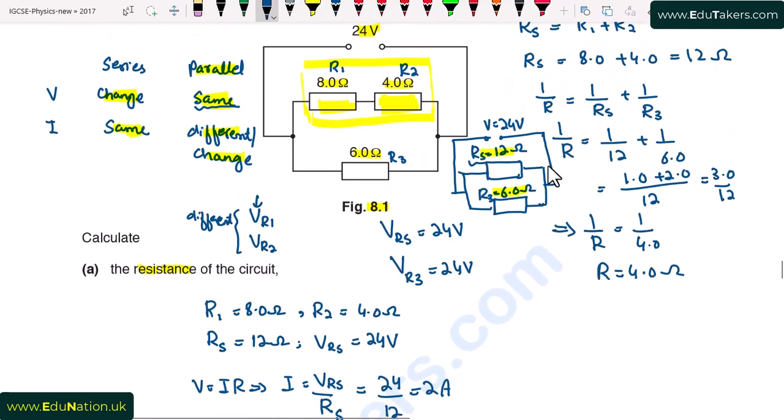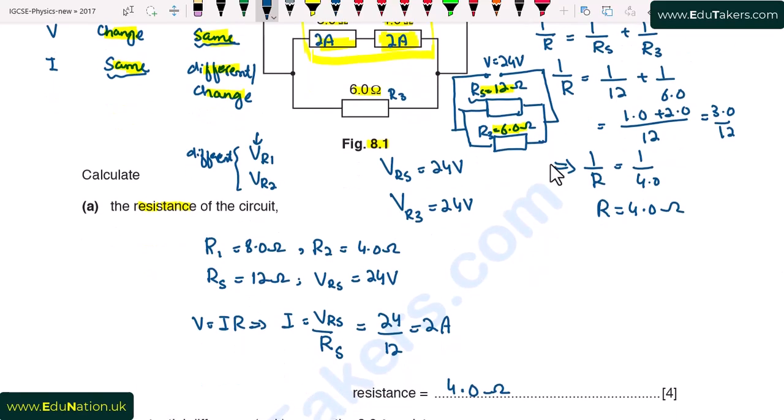So this 2 ampere is the current basically passing through 8.0 ohm resistance and 4.0 ohm resistance, because we can see here that in the series combination current is same. So in both of these resistors the value of current is same, but resistance of both are different. So using again Ohm's law we can easily find out the potential difference. Again I write here V is equal to IR for R1 is equal to 8.0 ohm resistor.